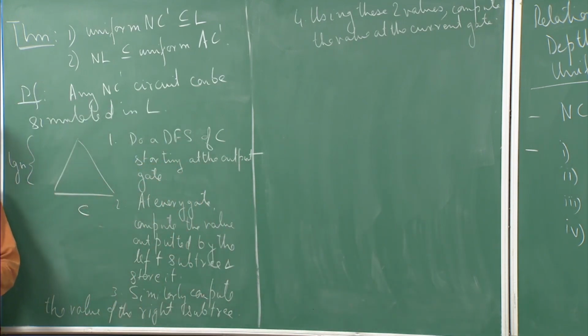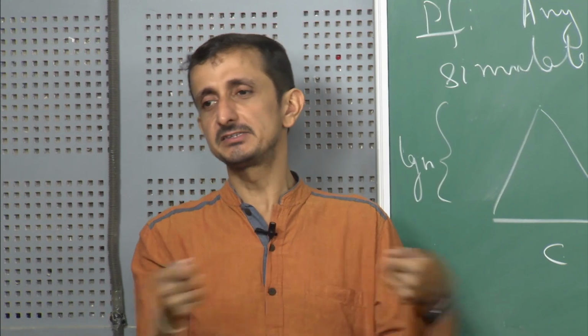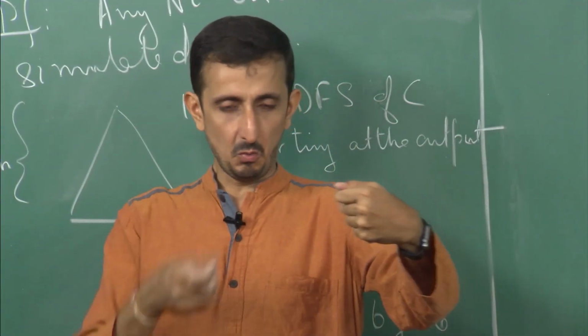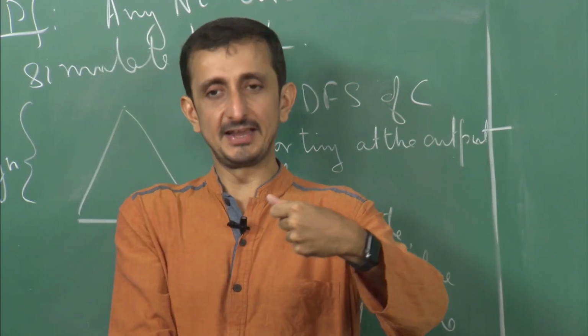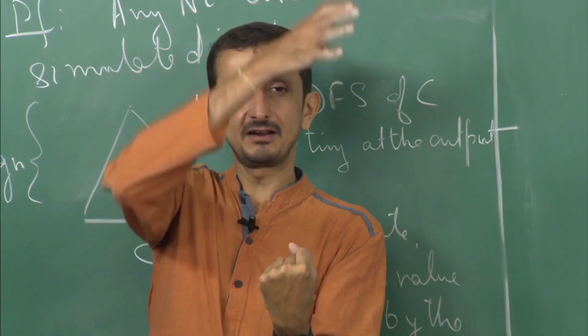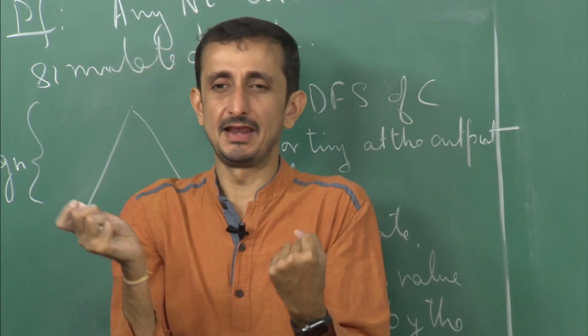Essentially, observe what are the things that we are storing. At any gate, what we have stored is the path that I have taken to reach that gate. What is a path? A path is just a sequence of left and right. So, from the parent, which edge am I choosing to go to the next child? Or we can think of it as follows, from a node, whether I came from a right parent or a left parent or whatever.